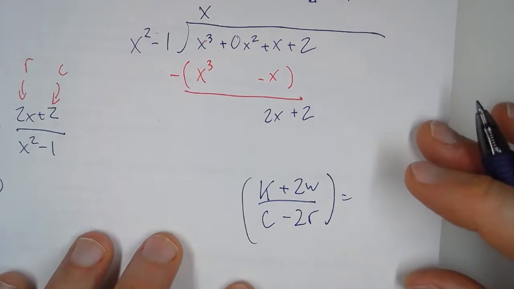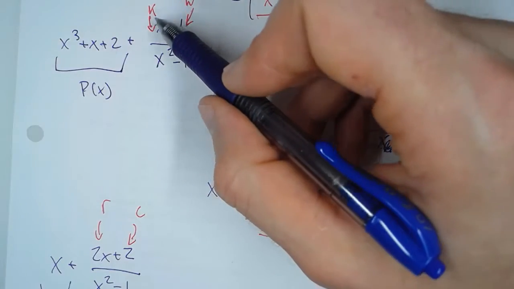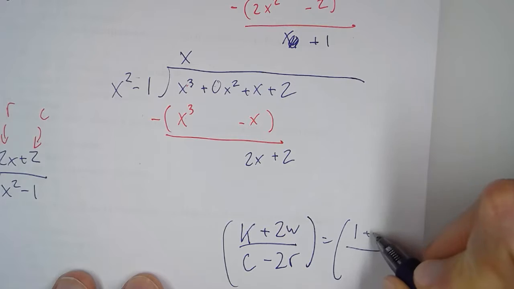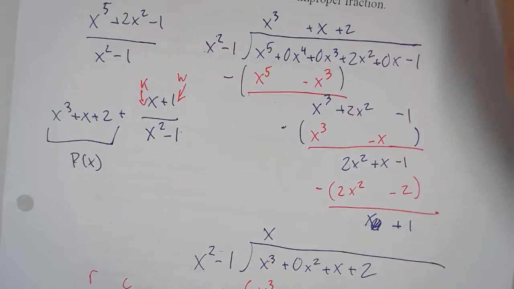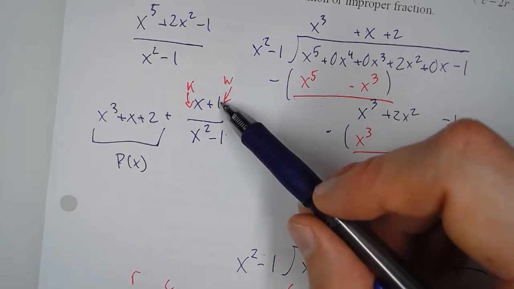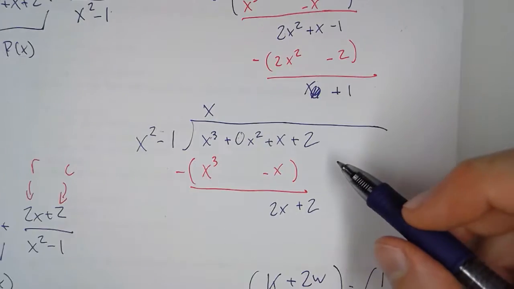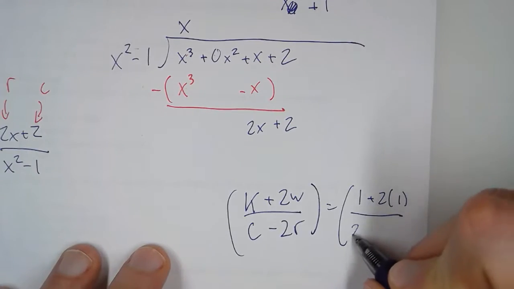Okay, so what was k? K was the coefficient in front of here, which is 1. What is w? W was this constant here, so 2 times 1. What was c? C was this constant, which is 2 minus 2.